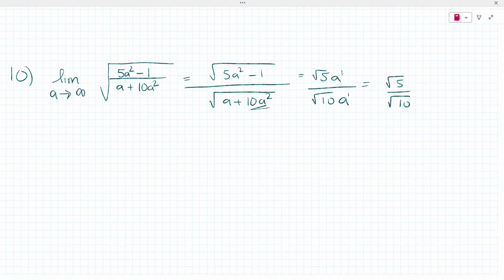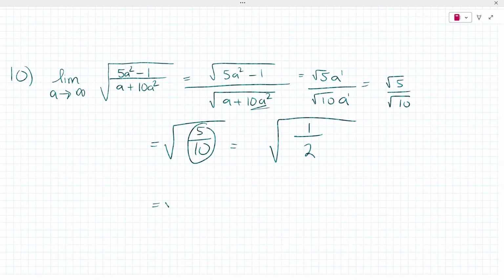And then what you want to do is, radical 5 over radical 10 is the same thing as square root of 5 over 10. And what you could do is reduce the 5/10. So that would be square root, reduced by 5. So this is 1 over 10 divided by 5 is 2. And what is square root of 1/2?